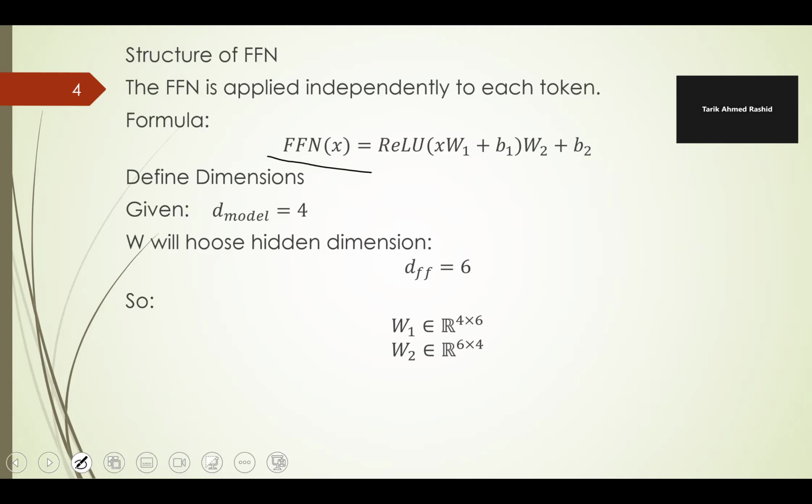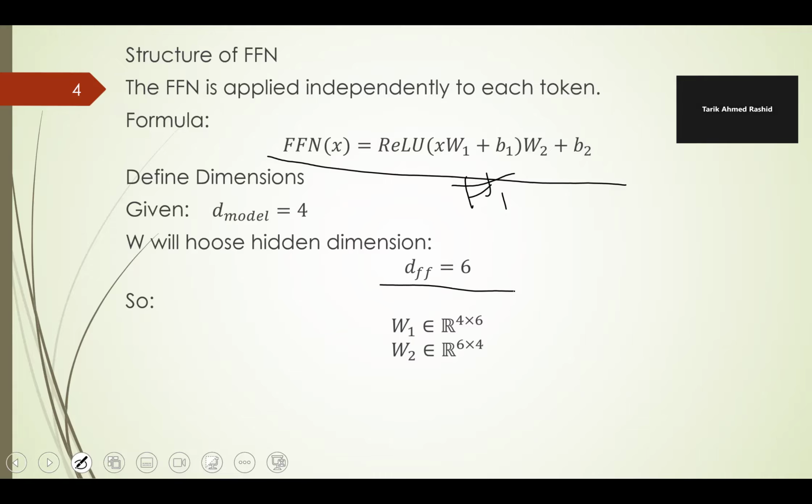So that's the formula for feed-forward. Here, ReLU activation function, the input multiplied by the weight matrix plus B1. So that would be hidden one. And if we multiply it by weight matrix 2 plus bias B2, then that would be the second hidden layer.